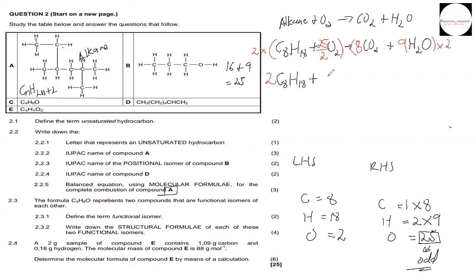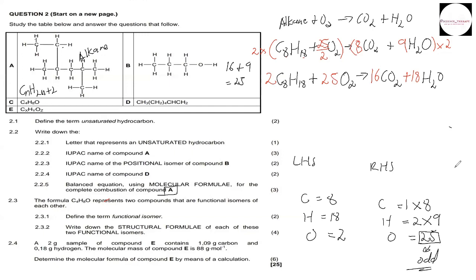So now I have the 25, and then still I have the O2. And then now, 2 multiplied by 8, that will give us 16. So I have my 16 here, but then still I have the CO2. Then 2 multiplied by 9 is 18, but then I still have my H2O. So note that the subscripts or the compounds themselves were not affected by you multiplying by this 2.